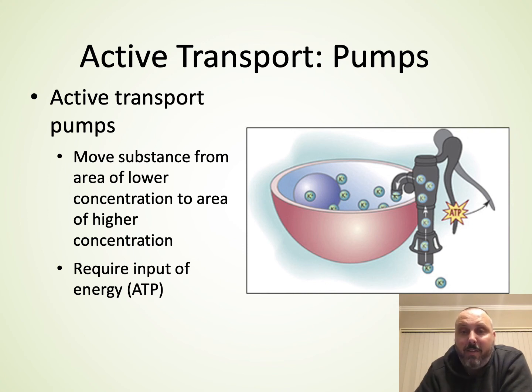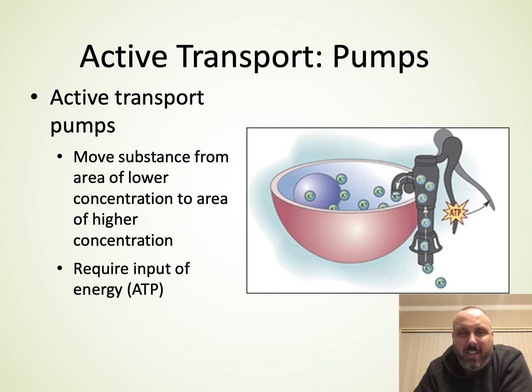An example of this in the human body would be in the nervous system, where there are sodium and potassium pumps within the nerve cells that help return those substances to resting after a nerve has passed an action potential.